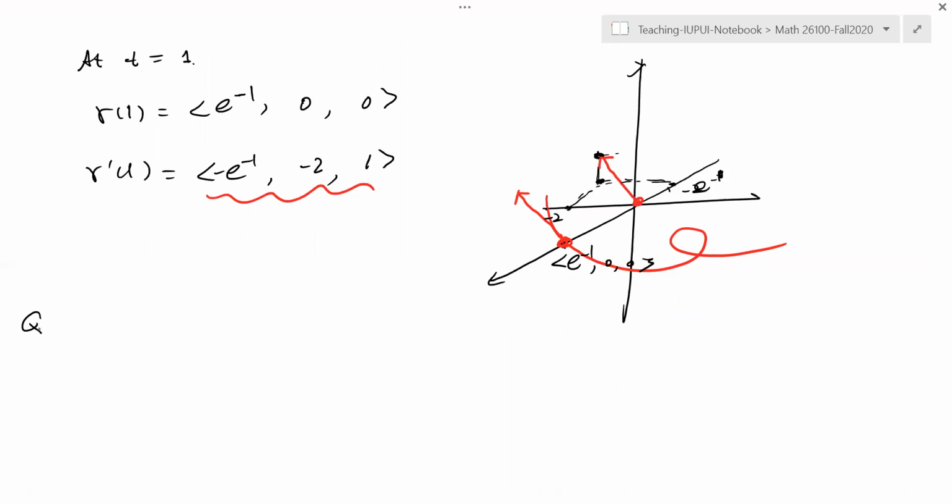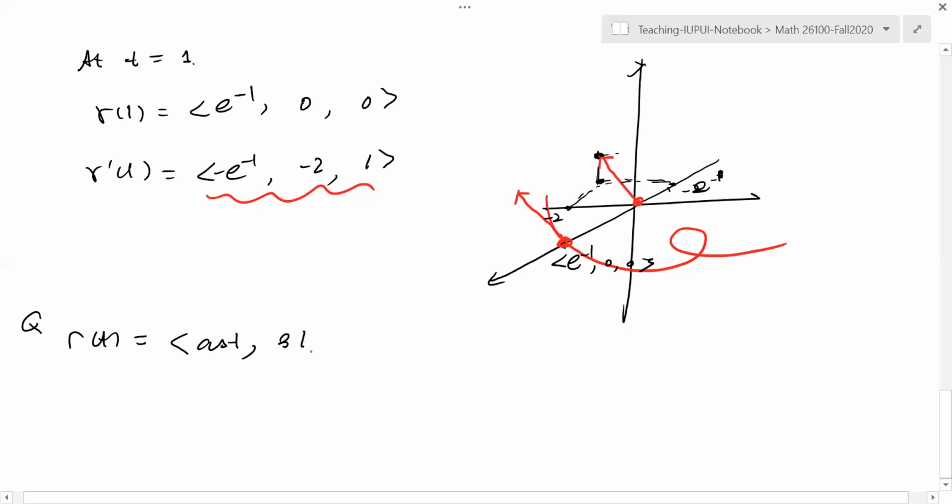So this time we're going to find the tangent vector. So r of t is going to be cosine t, 3t, and 2 sine 2t.